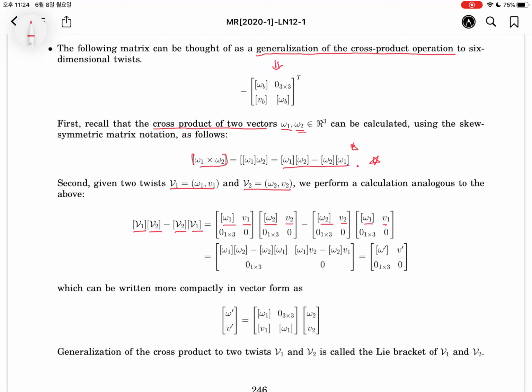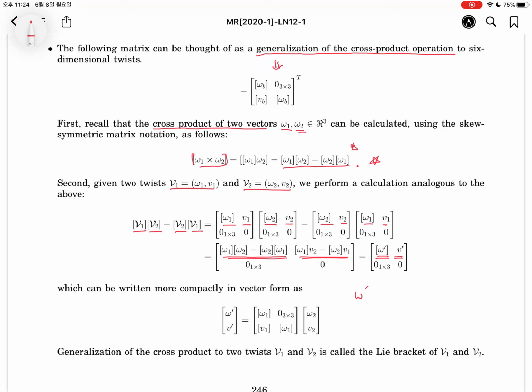Okay, let's obtain this calculation. Then the first 3x3 element will be the W1, W2 minus W2, W1. Okay, second term will be W1, V2 minus W2, V1. Okay, it can be combined as a new W prime, and then it is the vector, so V prime.